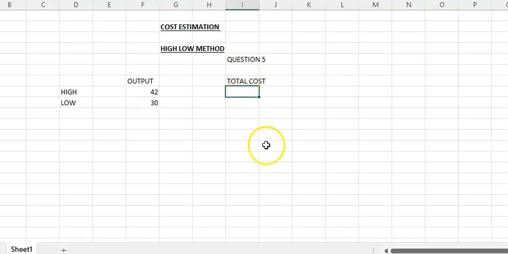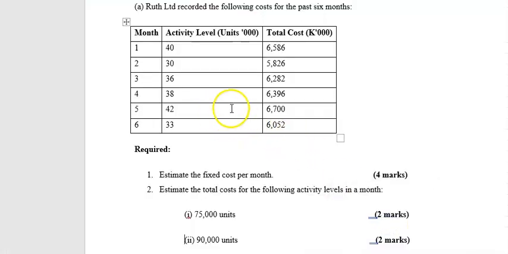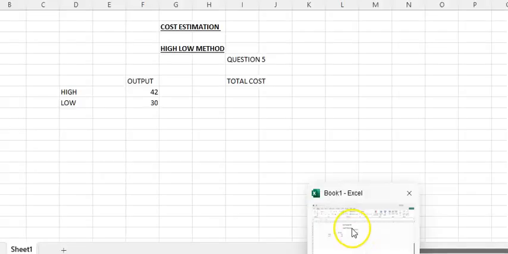We come here and we ask ourselves, what was the cost associated with 42? So for 42, the total cost is 6,700. For 30, the total cost is 5,826. So we go and put these values there.